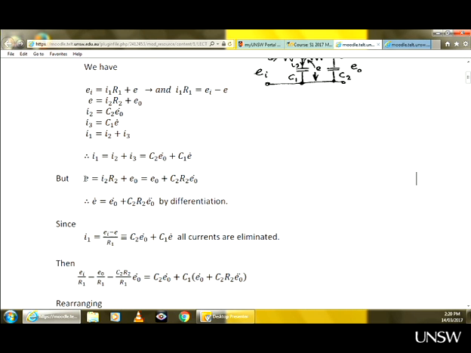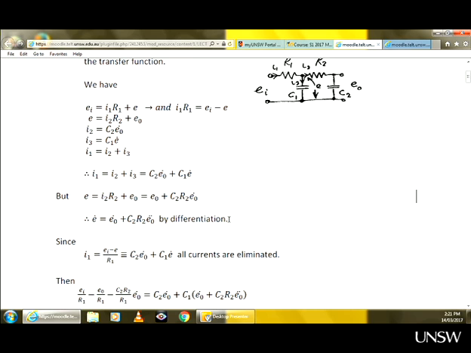If we differentiate this, we'll get E dot equals EO dot plus C2 R2 EO double dot. Of course, you realize C and R quantities are all constant. So all resistances, all capacitances, are constant. Then from the first equation, you can write that I1 equals the difference in voltages divided by R1.